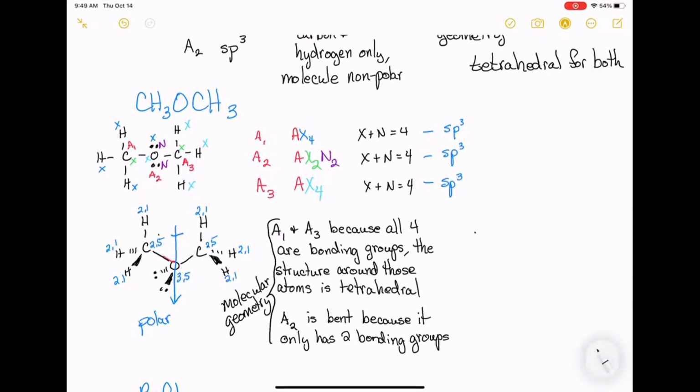Finally, all bonds are single bonds, so all bonds are sigma bonds.